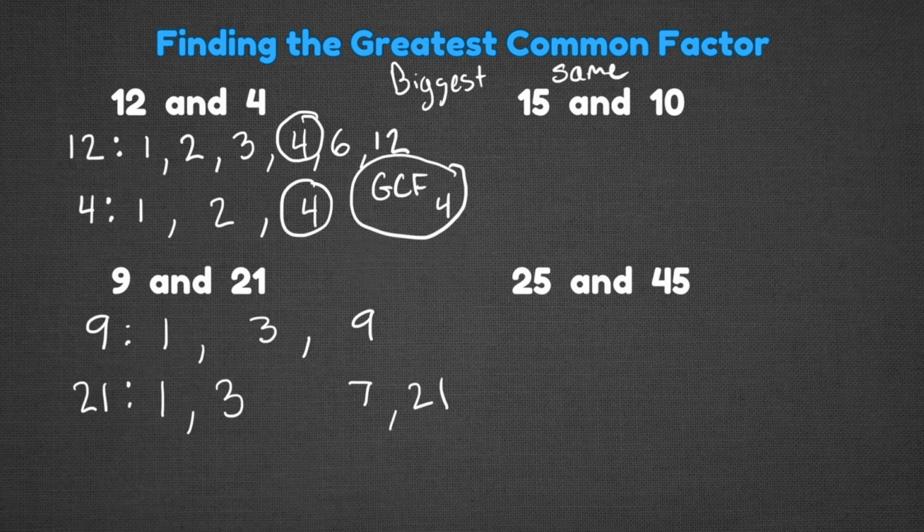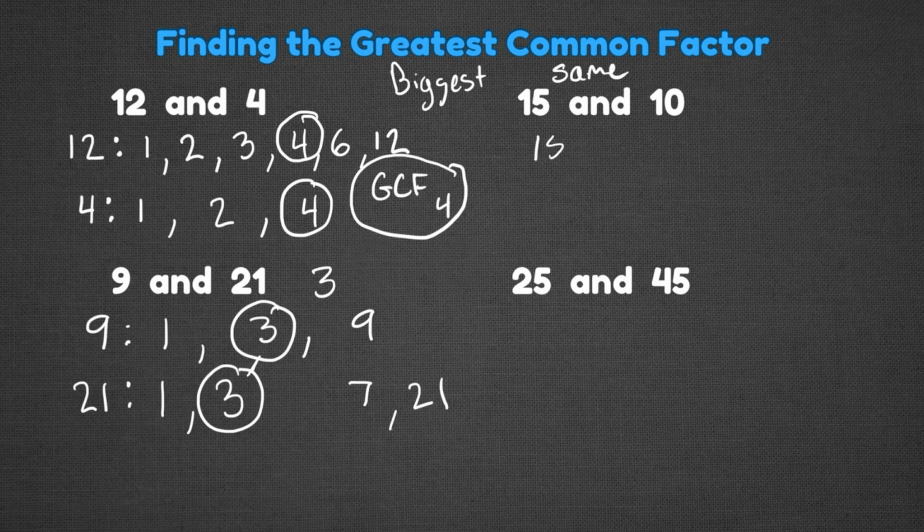So these are all the factors for 9 and 21, and I'm looking for the greatest, biggest, same factor. And for this pair of numbers, 9 and 21, the greatest common factor is 3.